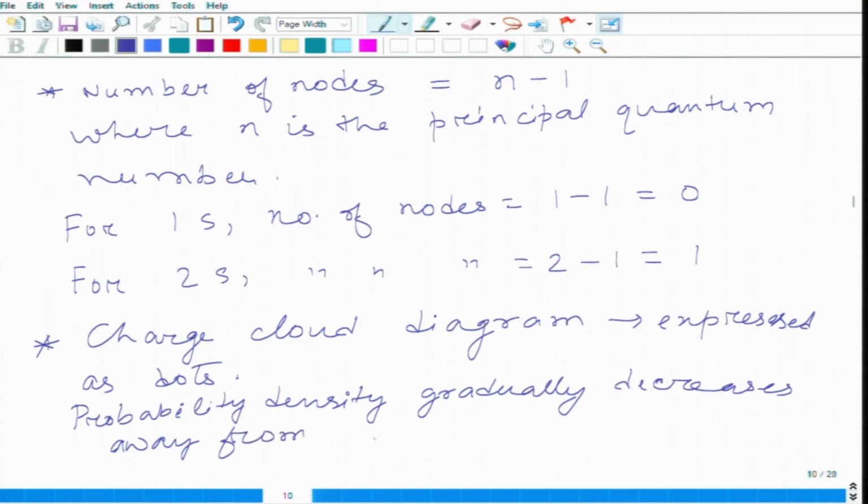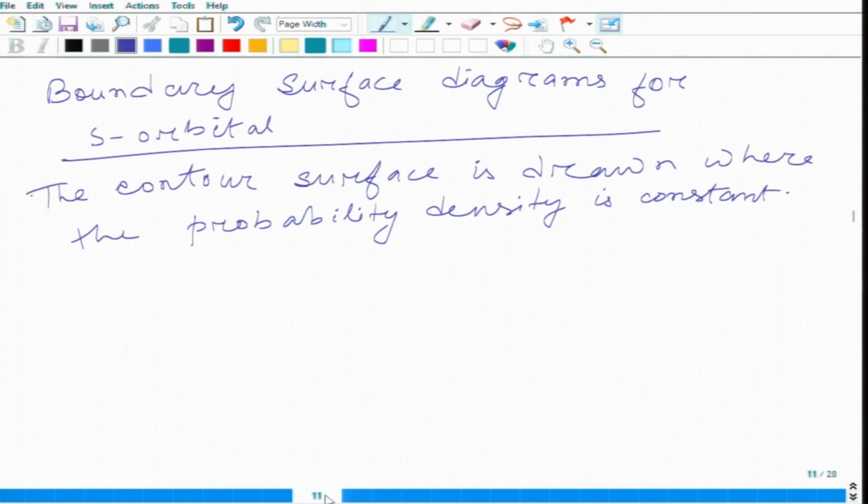But the charge cloud diagram is not a very reliable method if we try to draw the shape of the orbitals, because we cannot exactly draw the shape of the orbitals in an understandable way with a dotted diagram. So, the boundary surface diagrams provide a relatively understandable diagram of the orbitals, and they are somewhat accurate.